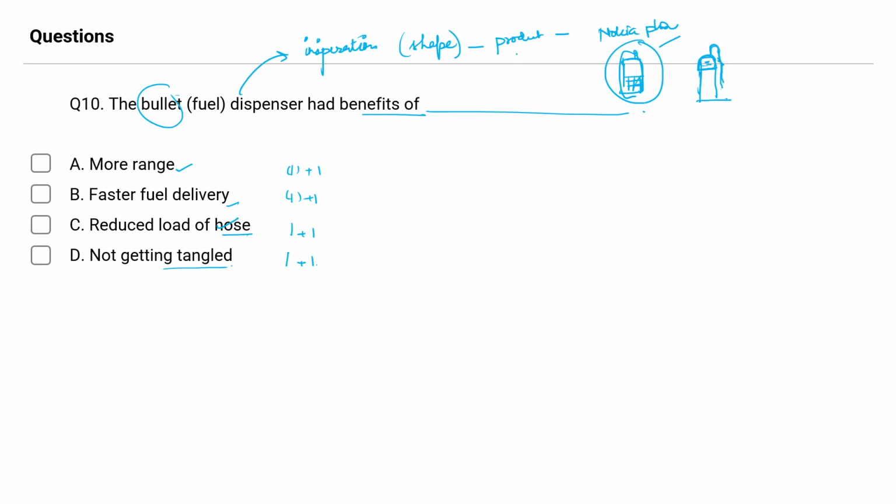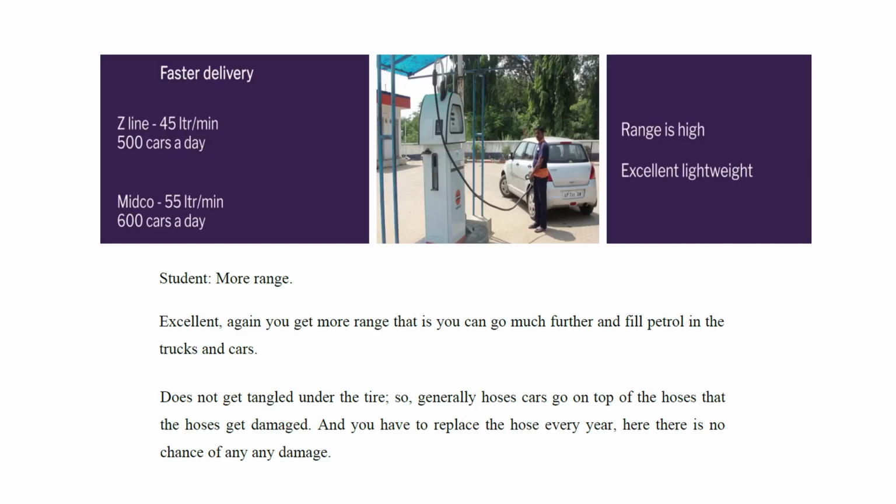Okay, so we've got two people who have said all ABCD options are correct. Anyone else who is having a difference of opinion, or who thinks one could be removed? All right, let's see the reference.